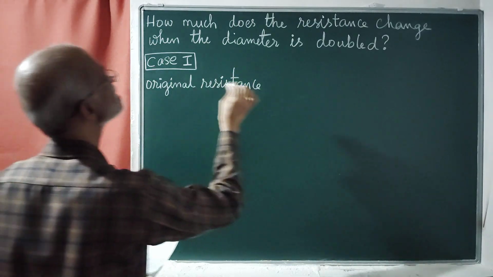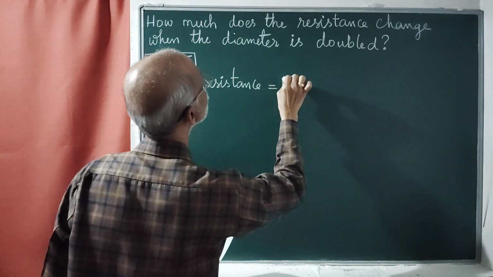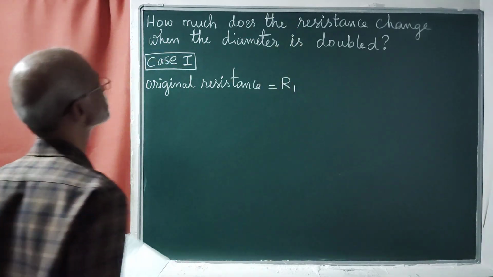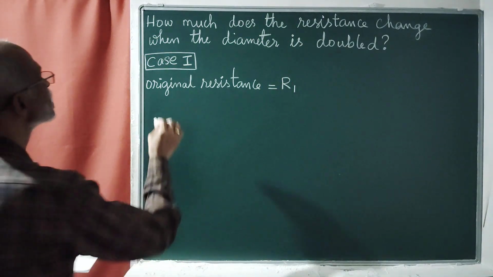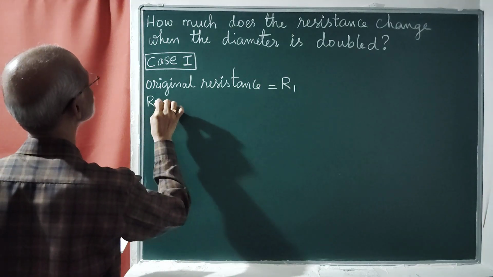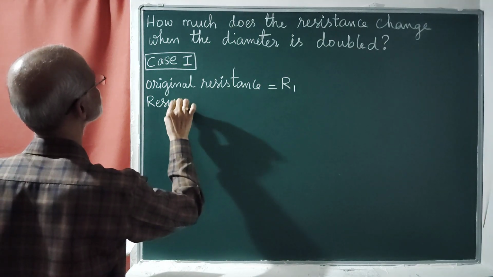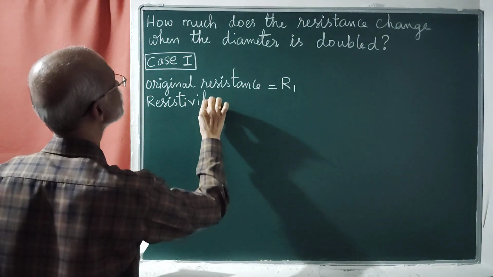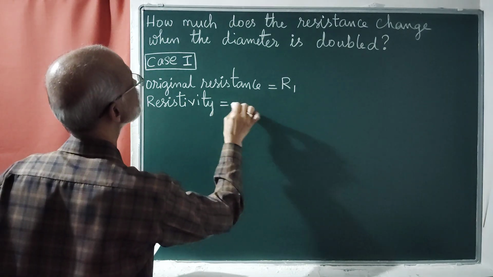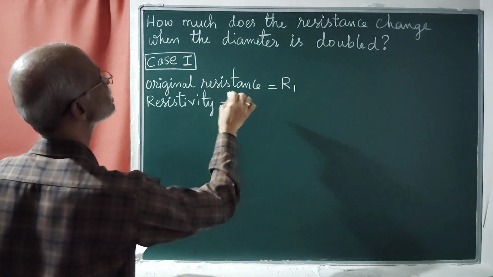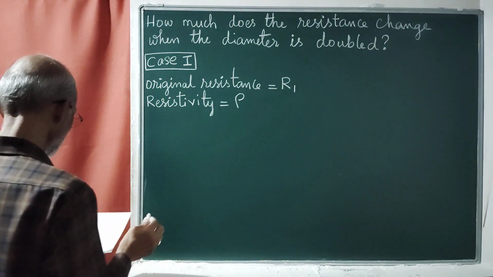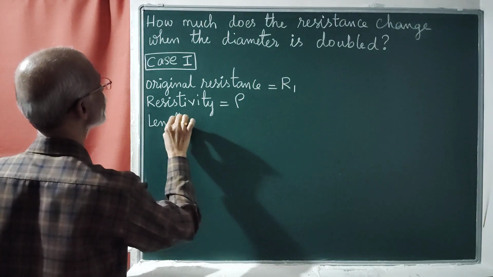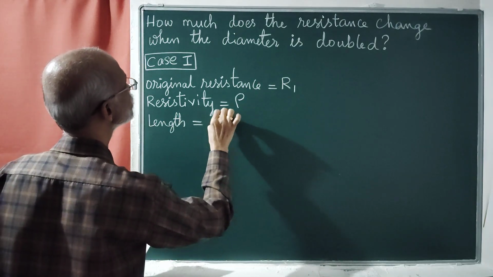Let the original resistance be equal to R1. Then resistivity will not change. Resistivity is equal to rho. Let it be rho. Then length of the wire is equal to L.